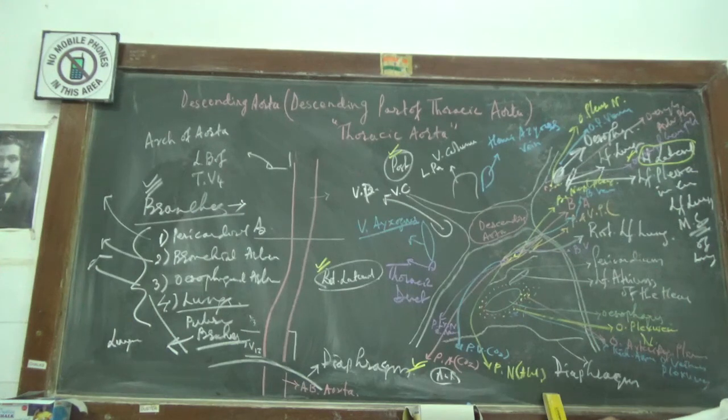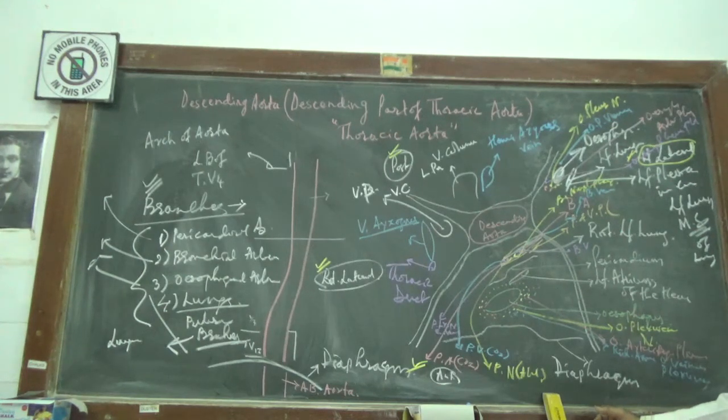Now the descending aorta is important for either 3 marks or 5 marks, but not ASAP. The same thing happened for the arch of aorta the day before yesterday, in the last episode in the aortic system. That will be important for only 5 marks, not for 3 marks.